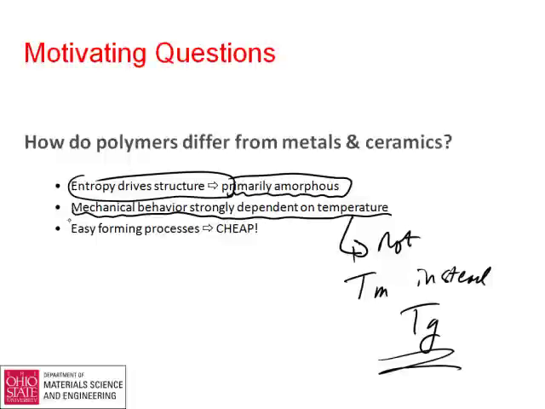The other thing about polymers is they're really cheap and easy forming processes. As a result, we can take materials that are fairly cheap on a per pound basis, with processes that are cheap and easy for making shapes out of them. The natural result is we have oceans full of Happy Meal toys and things like that.